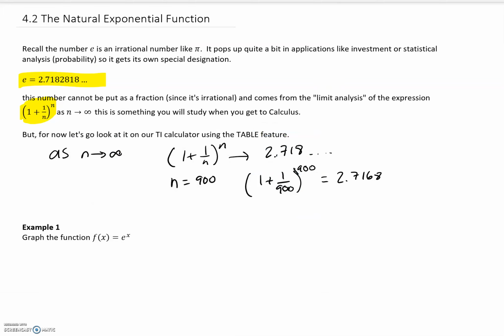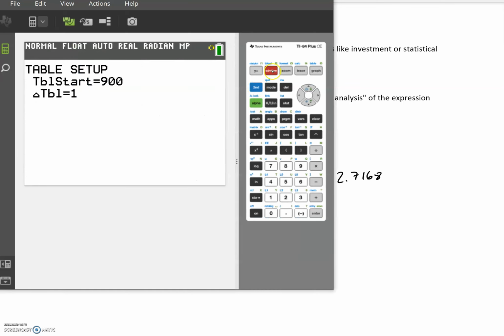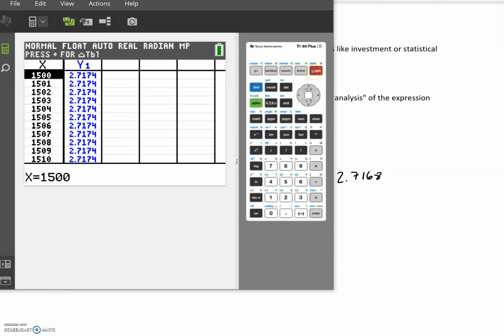Now I want n to go to infinity, so even larger. So let's say now I go to second window, and I say start my n at 1500 and then go up by 1. Second graph. And notice the number gets closer to e. Now it's 2.717 and so on.